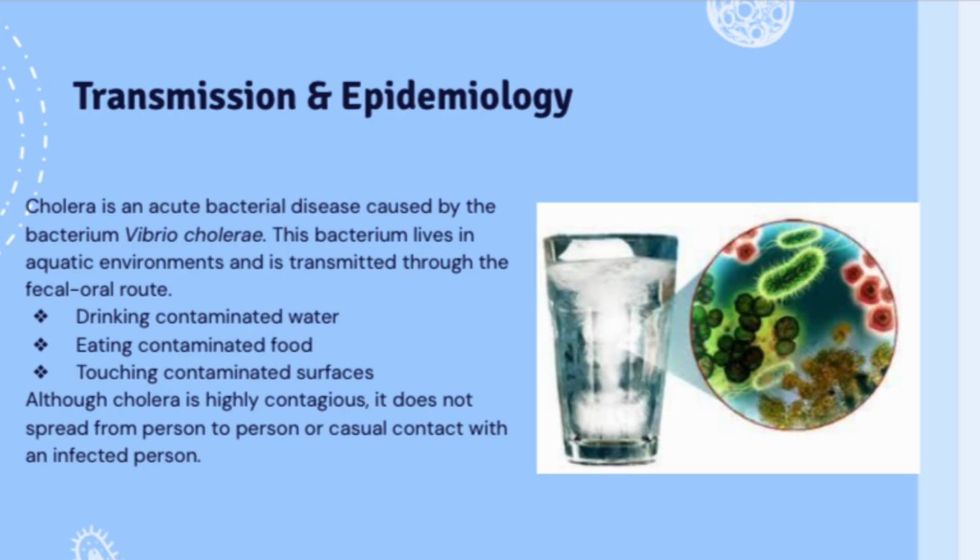This can happen through direct contact, such as by touching a contaminated surface and then touching the mouth, or through contaminated food or water. Although cholera is highly contagious, it does not spread from person to person or by casual contact with an infected person.